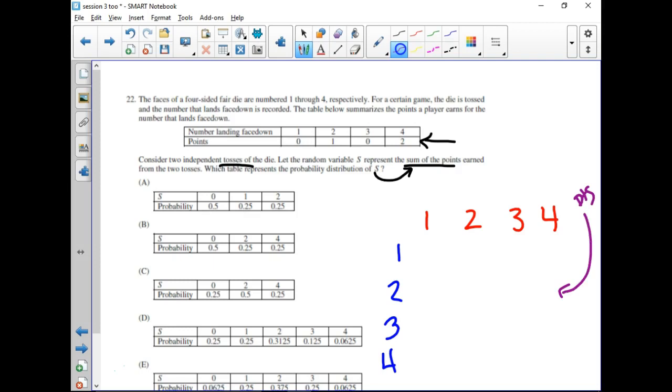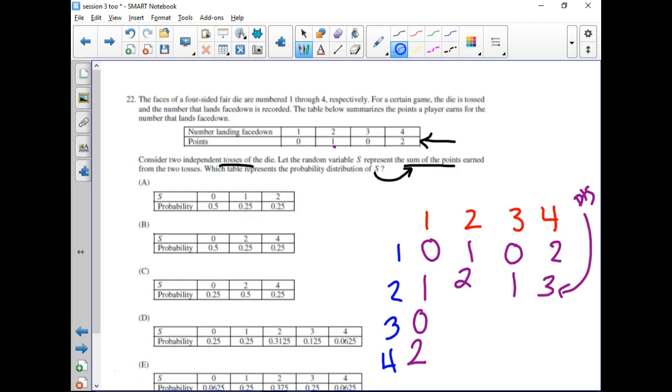So if I roll a 1 and a 1, I get 0 points. A 1 and a 2, I get 1, right? And that's going to be the same going this way, right? If I roll a 2 and a 2, I get 2 points. A 2 and a 3, I get 1 point. A 2 and a 4, I get 3 points.